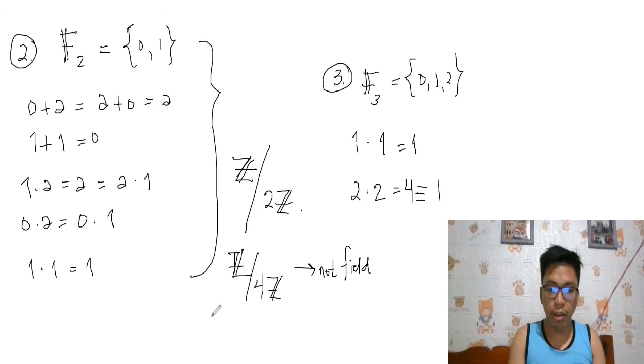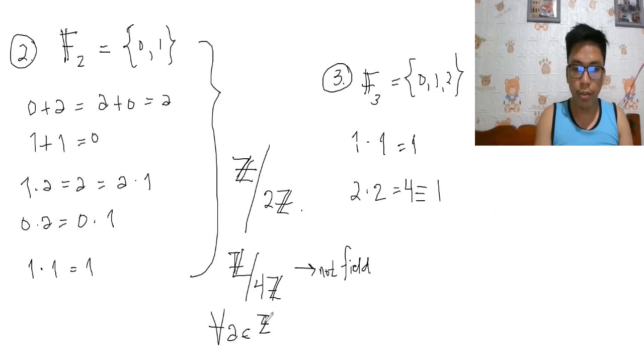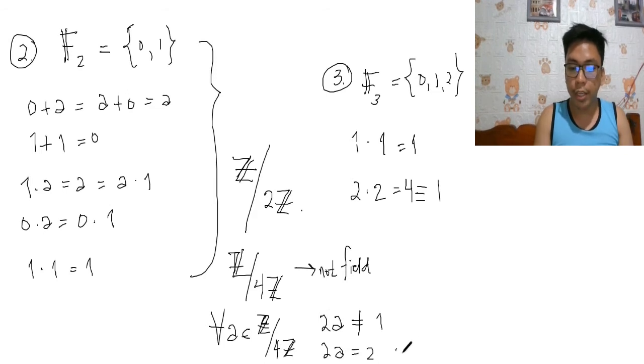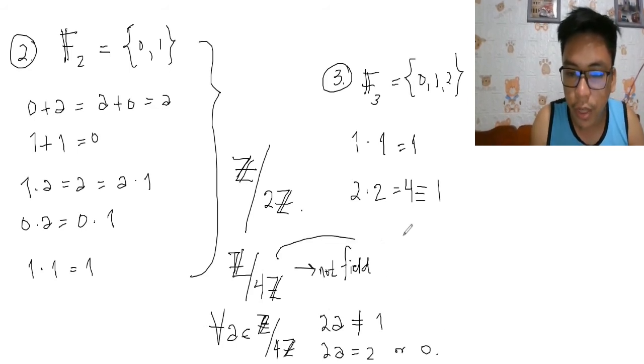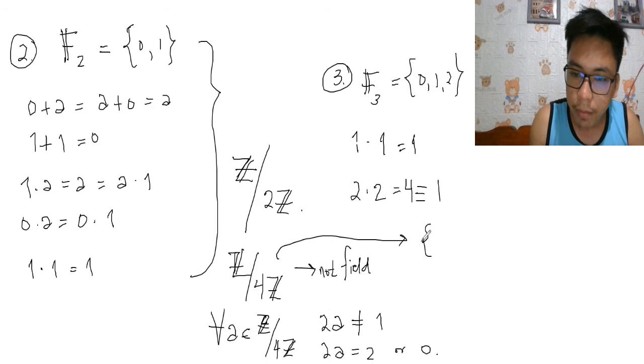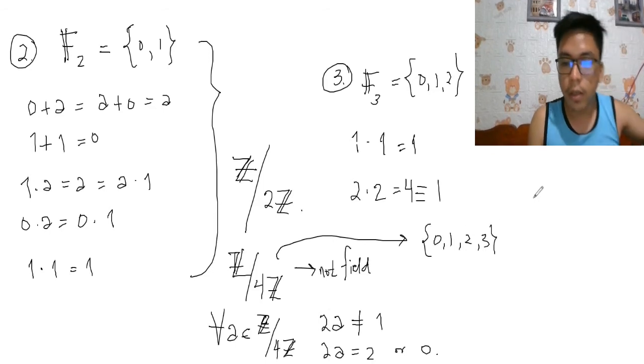Because for every non-zero a, an element of Z mod 4Z, 2a is not actually equal to 1. In fact, 2a could be either 2 or 0. To see this, let's double check: 0, 1, 2, 3. Okay.